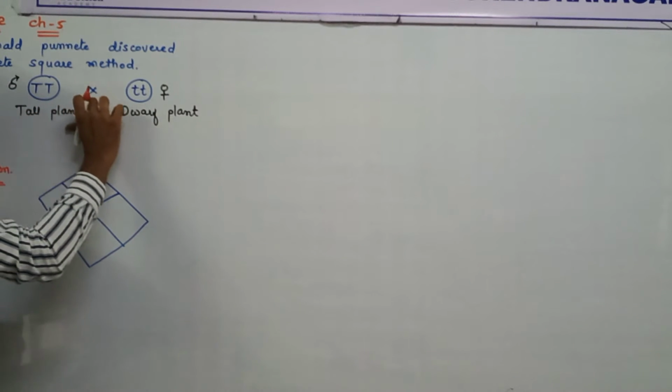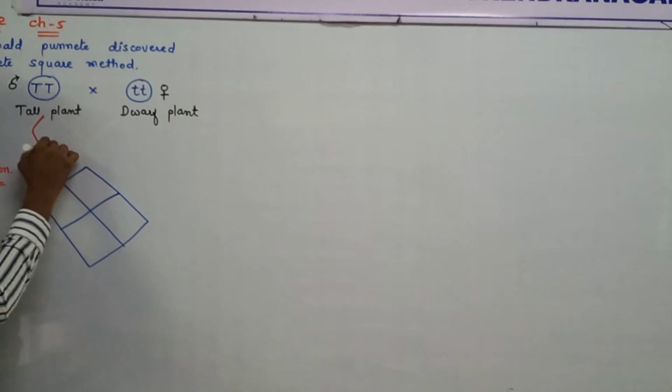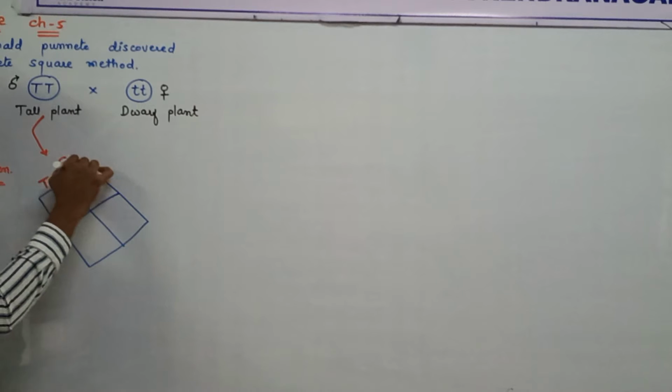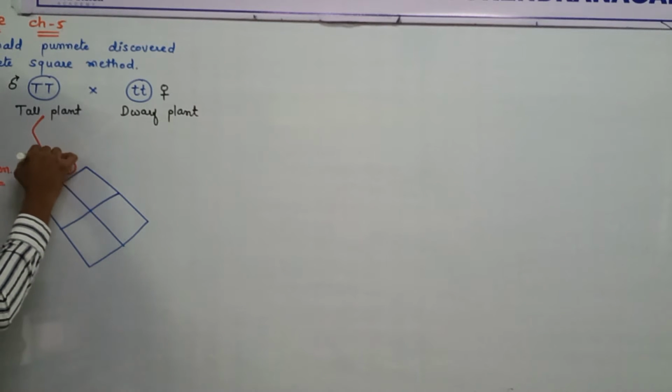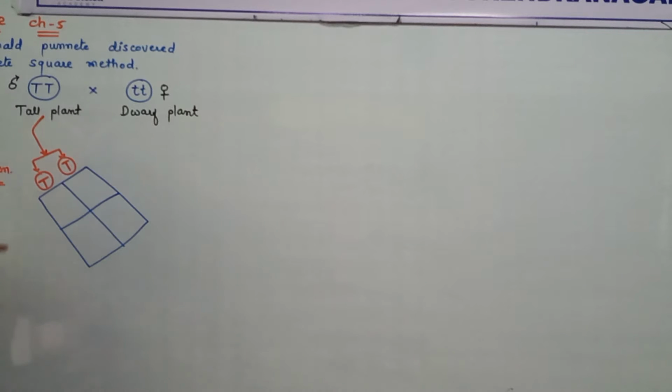So here these are the gametes of this tall plant. So what I can write here, capital T and capital T. Fine. So these are the two gametes of the tall plant. Understand? So on one side of the Punnett square, we have to draw the gametes of one plant.